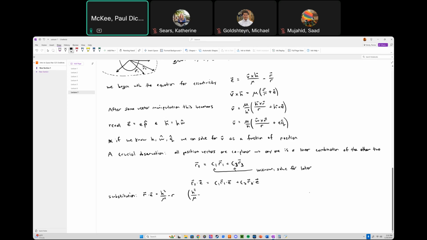Do I have my notes backwards here? Yes, I do. Sorry about that. I have a typo in my handwritten notes. I'm trying to troubleshoot in real time here. This should be C1 h squared over mu minus R1 plus C3 h squared over mu minus R3.